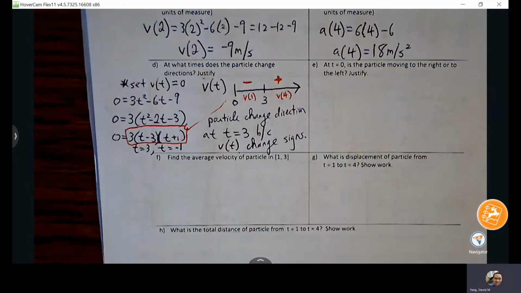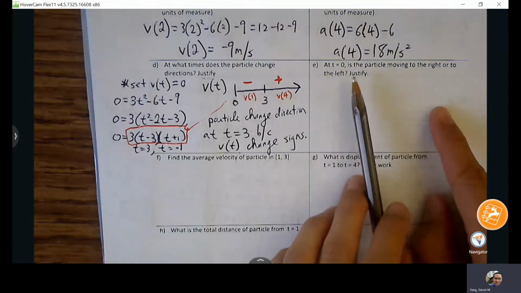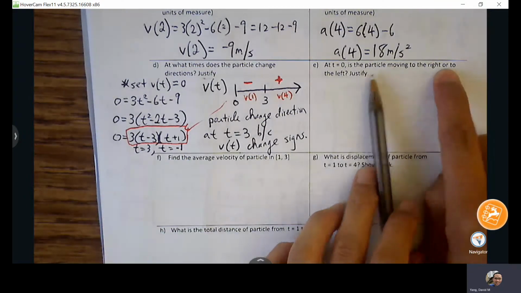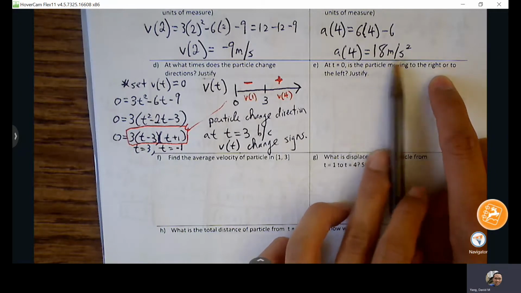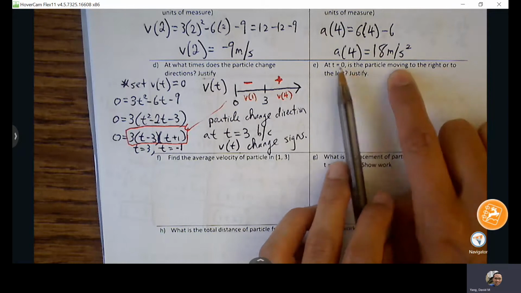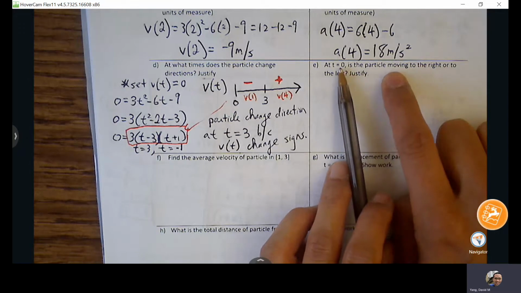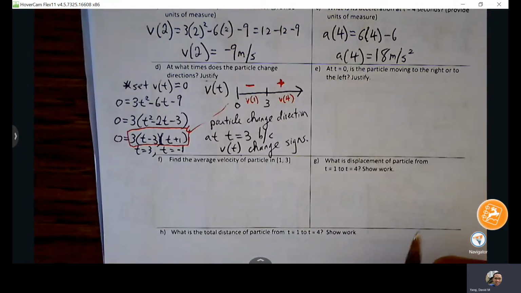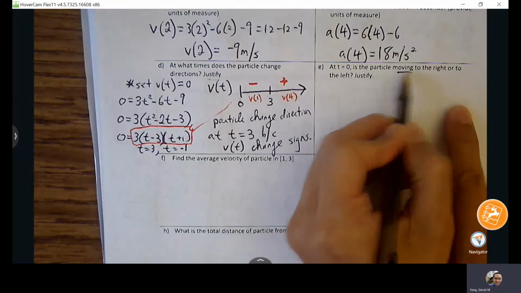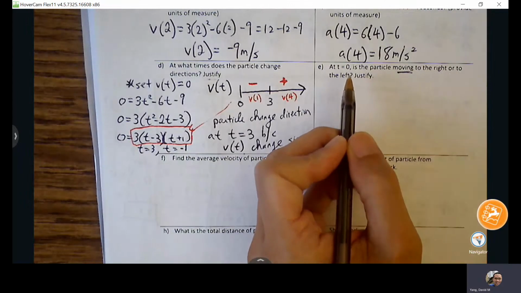Any questions so far, D? Yes, sure, you can. Okay, for part E, at t equals 0, is the particle moving to the right or to the left? So we're talking about movement here. How do we involve 0 in what we're trying to find? Do we put 0 into the position, into the velocity, into the acceleration? We're talking about movement, right? We see left and right, that's all velocity related.